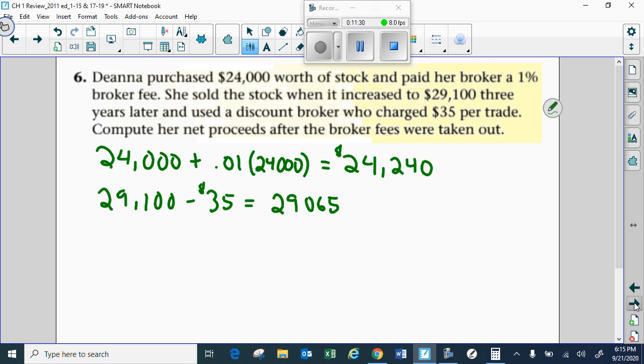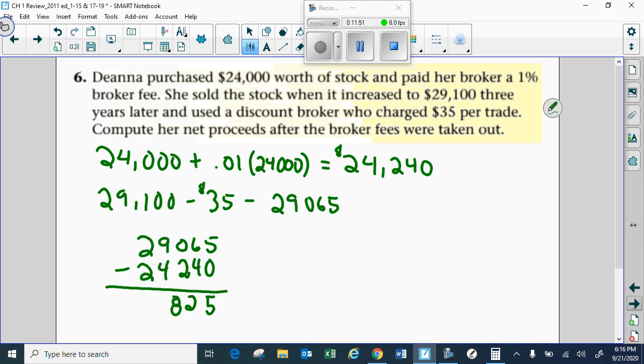So now we subtract those two numbers. 29,065 minus 24,240. Okay, that's $4,825. Okay.